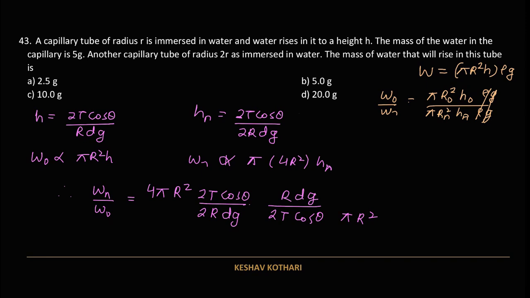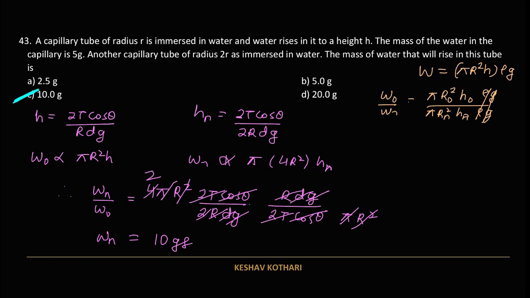So from here 2T cos theta cancels out, r d g cancels out, pi r square cancels out, and we attain a value equal to 2. So the new weight is twice the original weight, equal to 10 gram. For this problem, option C, that is 10 gram, is correct.